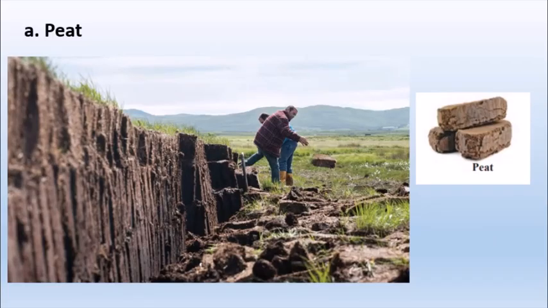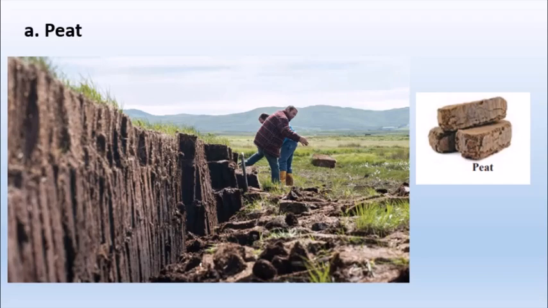Next, the first form of coal is peat. Peat is formed first. This is the first step when coal has to be formed. So first peat is formed and then afterwards coal is formed. It contains a high proportion of water and usually less than 60% of carbon.